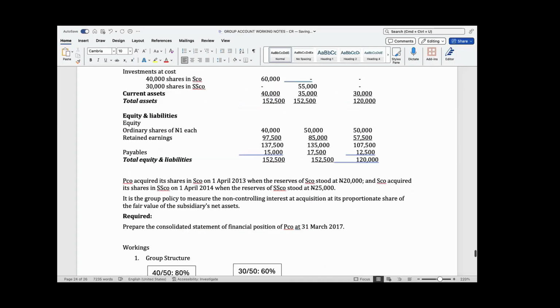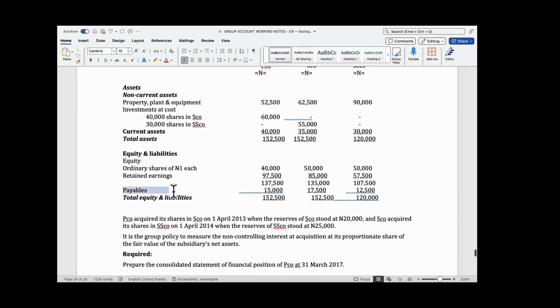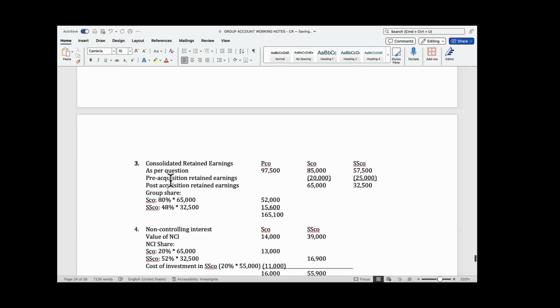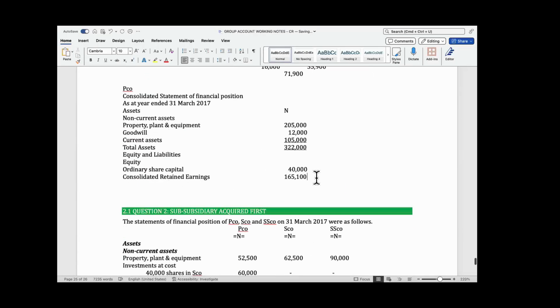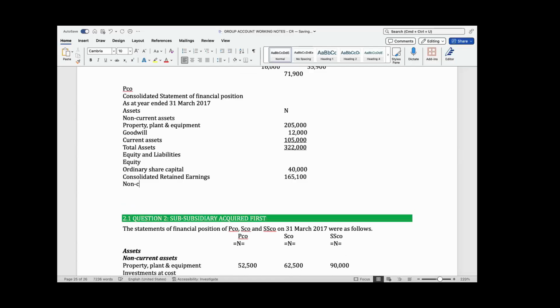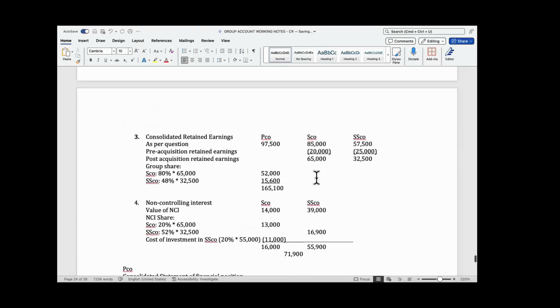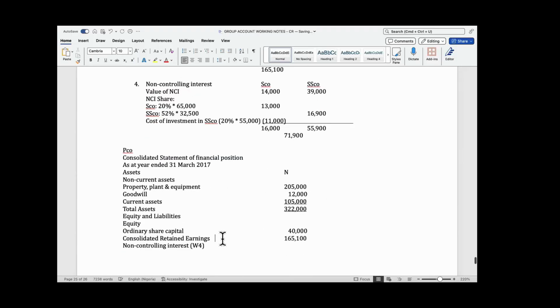Then after that, before I go to payables, I need to bring in non-controlling interests after consolidated retained earnings, because NCI is also part of our equity. It is the uncancelled portion of the share capital and reserves. That's what we call NCI. I think that's workings 4, and this is workings 3, and this workings 2.